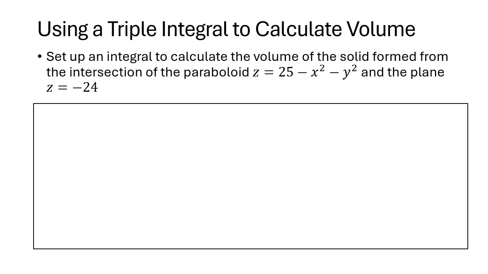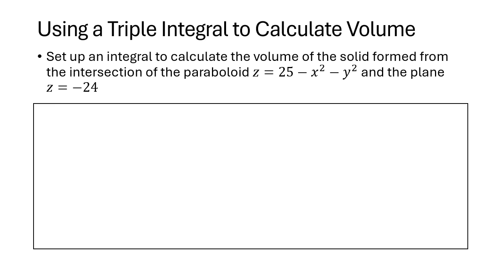You may have noticed that a generic triple integral has dV as the initial differential. And yes, similar to how double integrals have dA as the initial differential, and we were able to use double integrals to calculate area, with a triple integral and with dV as the initial differential, we can use triple integrals to calculate the volume of a solid if we know the equations of the surfaces.